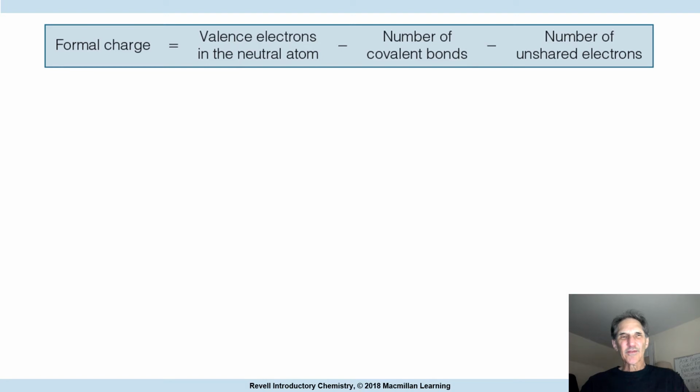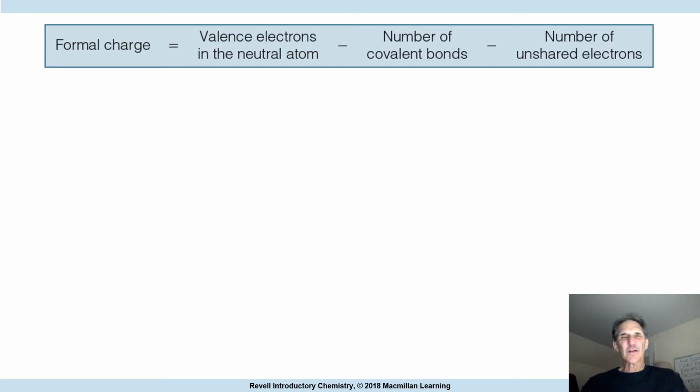Formal charge, we calculate that for every atom in these polyatomics, and we do that by knowing what the valence electrons of the neutral atom is. That is to start with. For example, carbon is 4. Hydrogen is 1. Oxygen is 6.